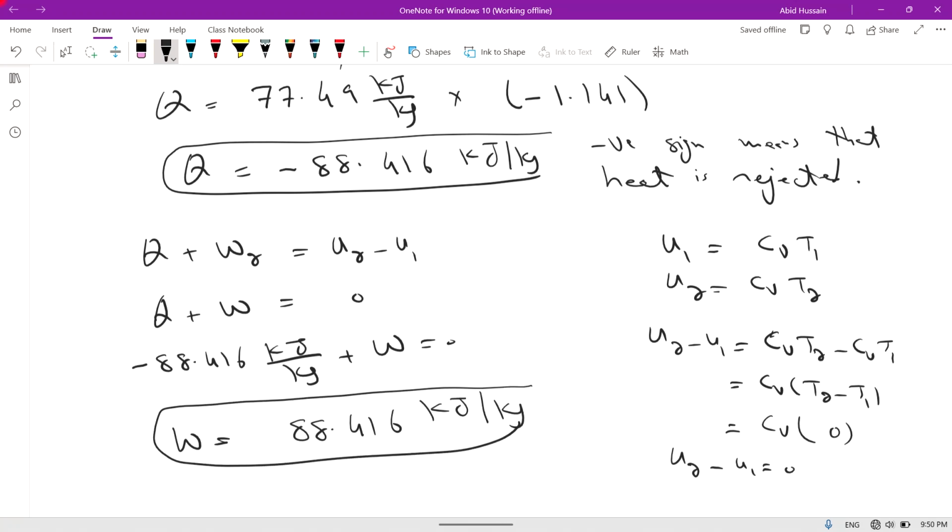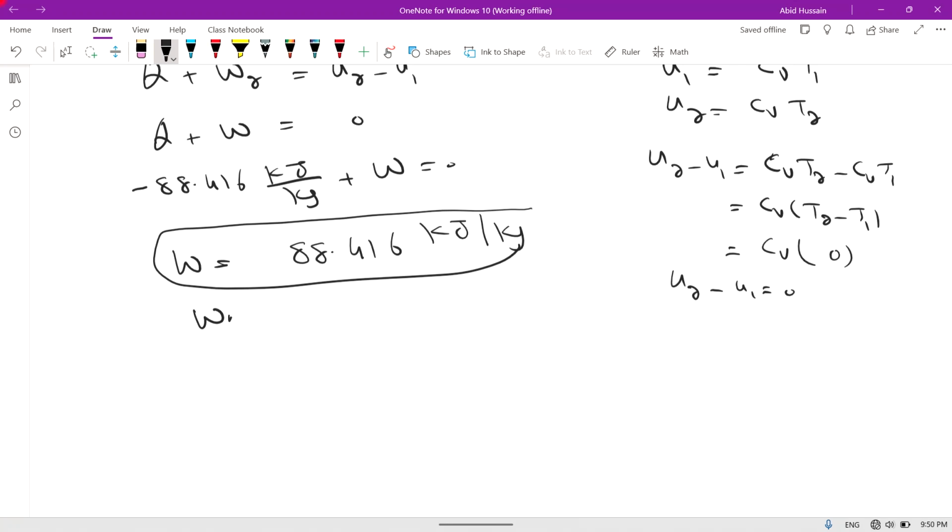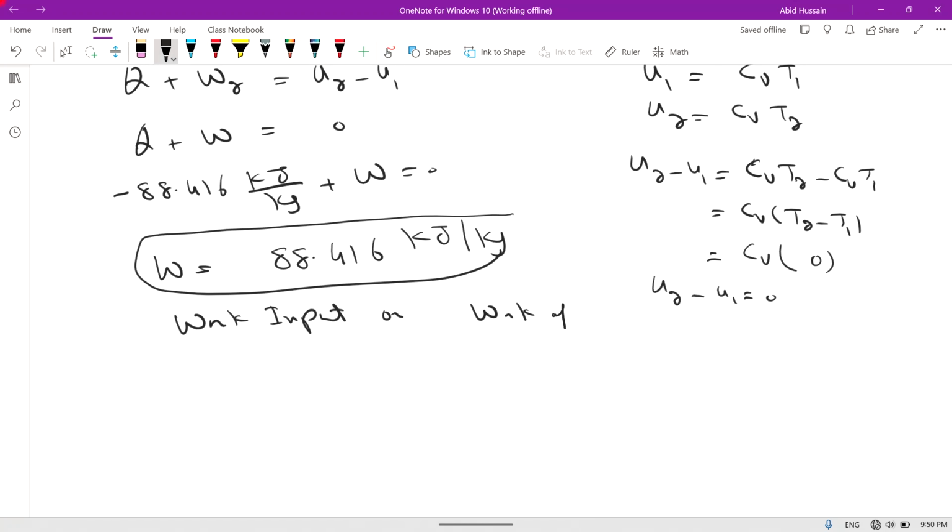And the positive sign means this is work input, or work of compression, or work done on the system.